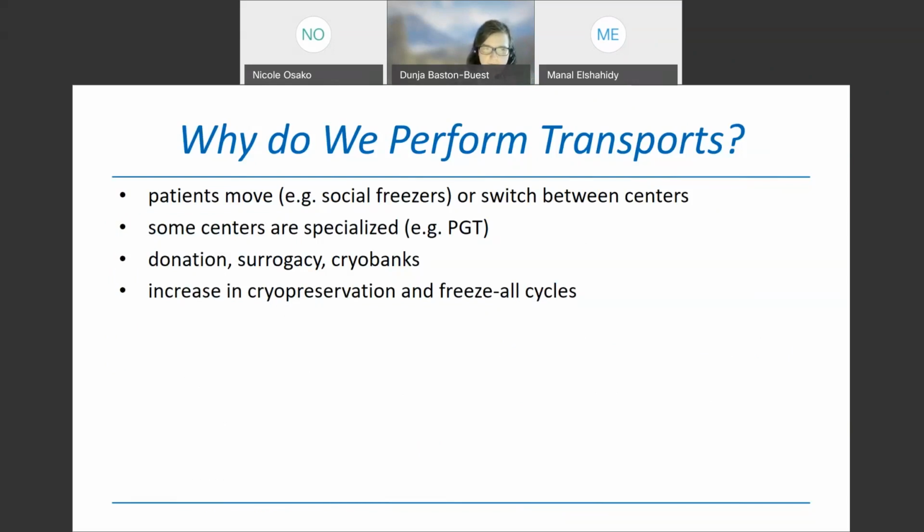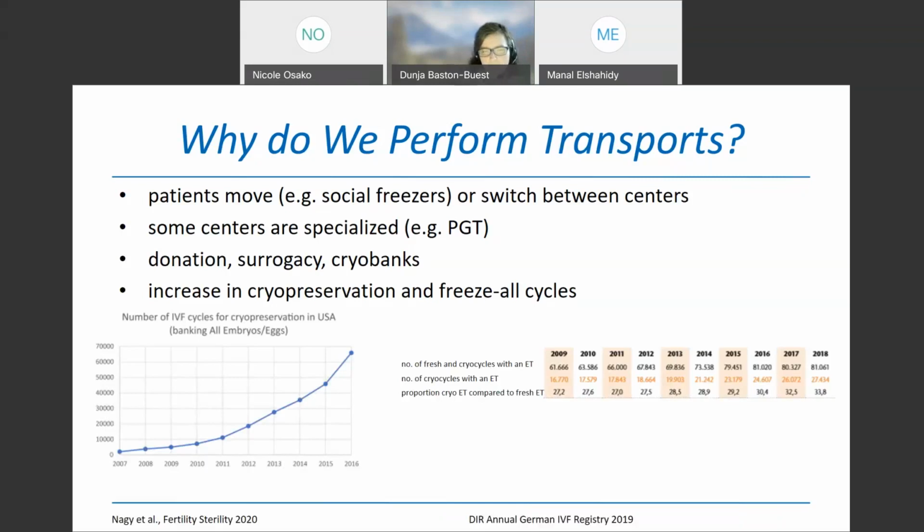We also work with donation or surrogacy, if it's legal in your country. Surrogacy is prohibited in Germany. And some of us work with central cryobanks. And there is also an increase in cryopreservation and freeze-all cycles in the US as well as in Germany too.